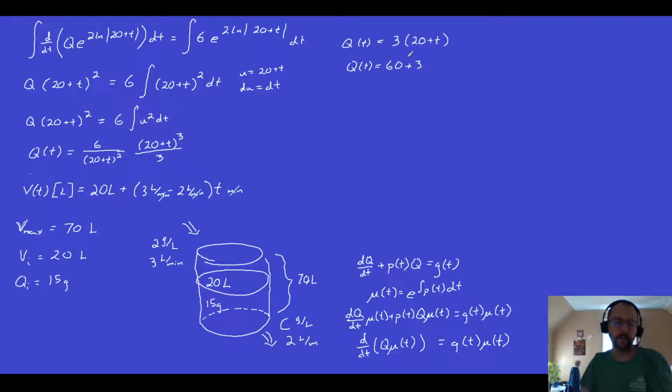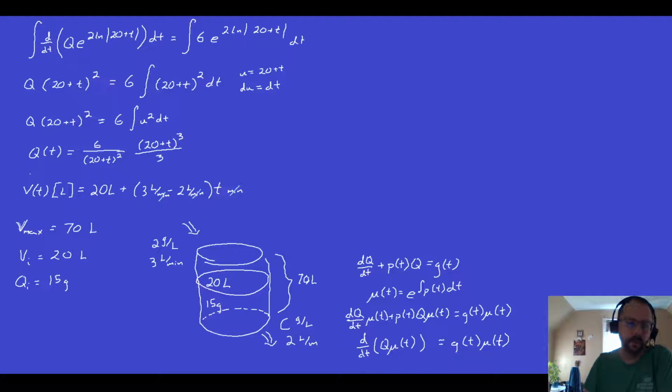Oh wait, I forgot the c. There's where I needed the c. Thought something didn't look right. I was like, where's the c at? So taking a couple steps back, this was supposed to be plus c, and when I divided by 20 plus t squared, that distributes to both terms.